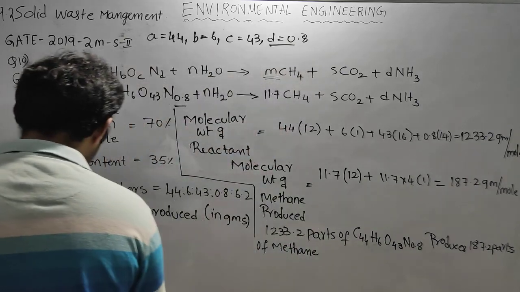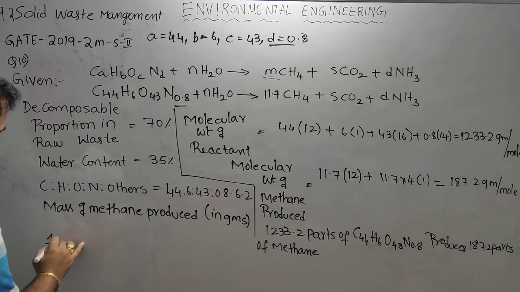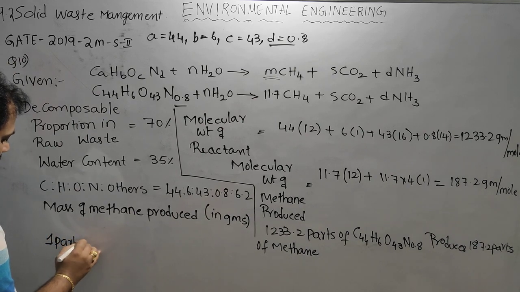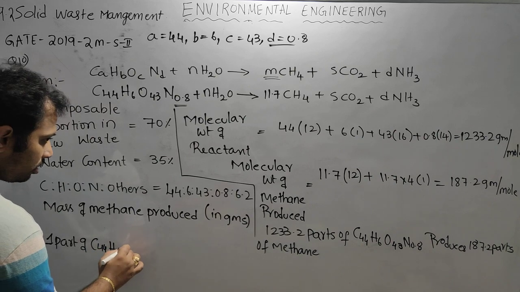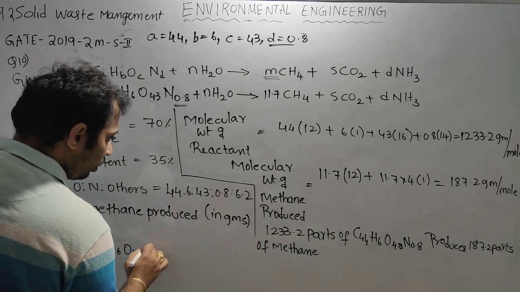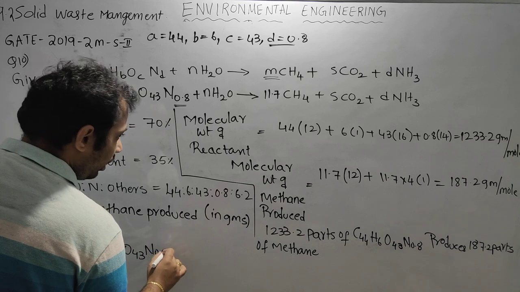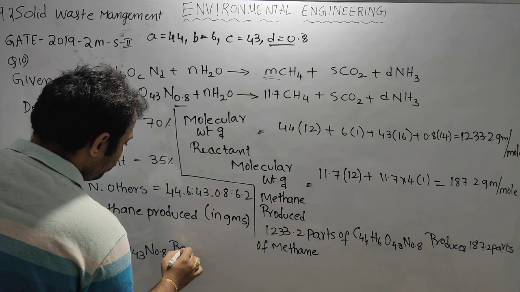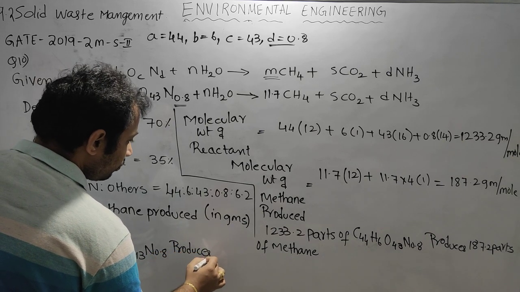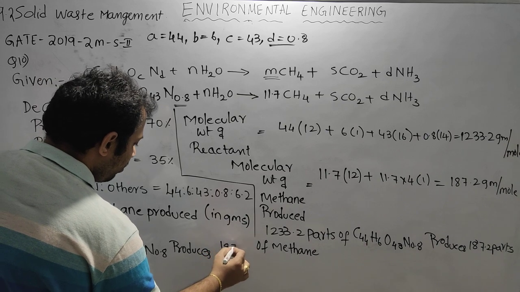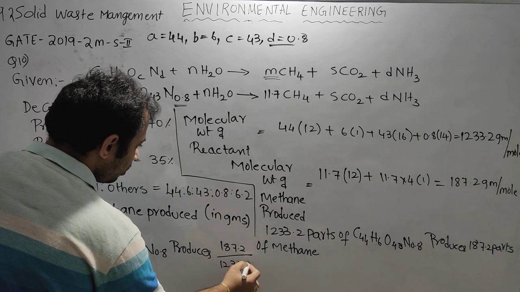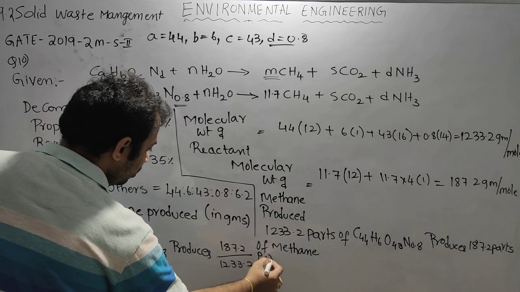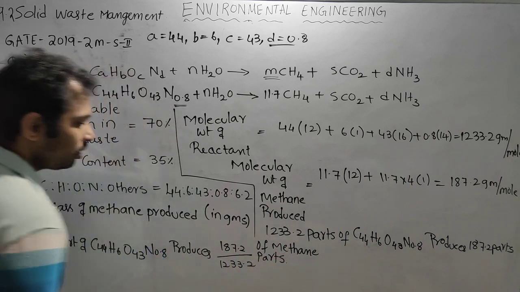So one part of C44H6O43N0.8 produces 187.2 by 1233.2.